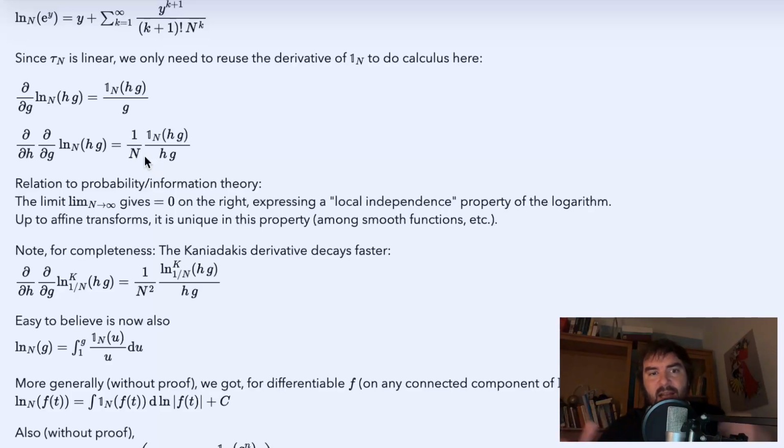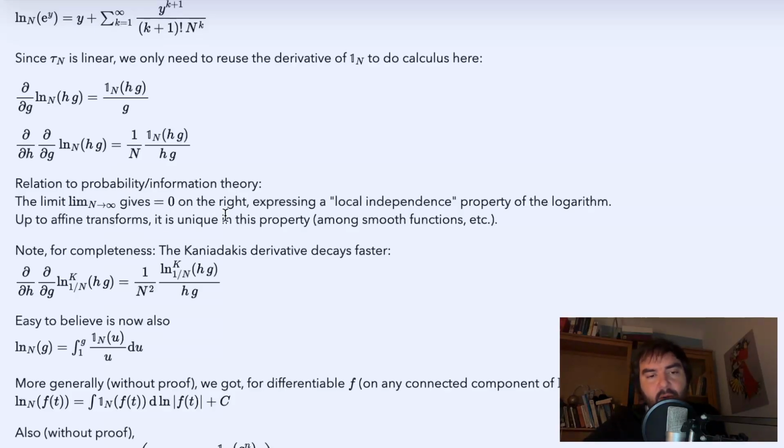And you can argue that this corresponds to a sort of local independence property. If independence of probabilities means that their joint probability is just a product of probabilities, right? If these are probabilities, then local independence corresponds to going in one direction being independent of whatever the value of the other is. Whatever. This is not the content of this video.